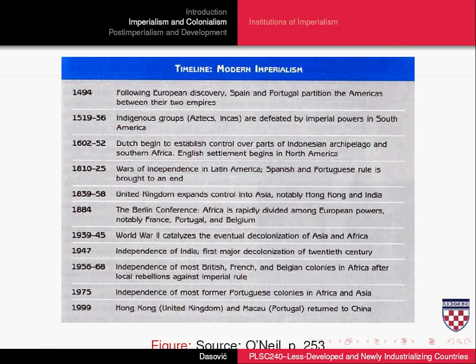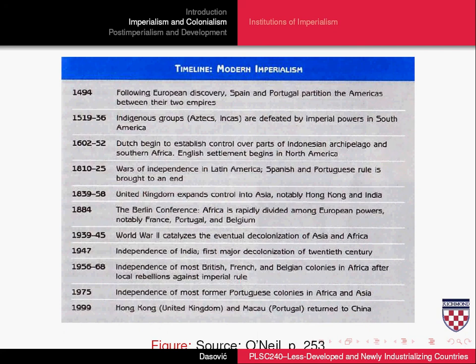But here's a timeline of modern imperialism. Now what you'll notice here that's important is that by about 1825 or so, wars of independence in Latin America have brought Spanish and Portuguese rule to an end. So Latin America was decolonized almost 200 years ago.